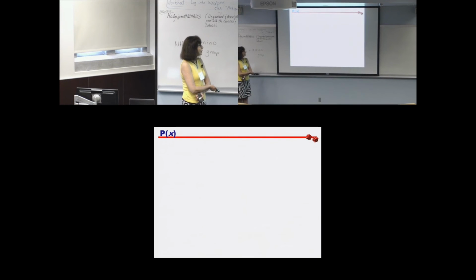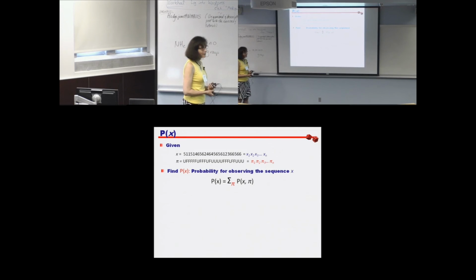All right, so why do I want to know this? Because I eventually would like to know what the probability of the sequence x is, just by itself, because I don't know pi. This is hidden. And the answer, if you ask your probability students, of course, that's a very good place to talk about, we can apply the total probability formula. We can sum over all of those hidden sequences, right?